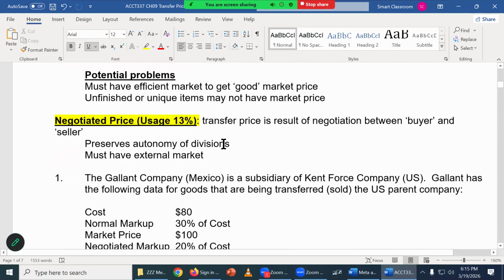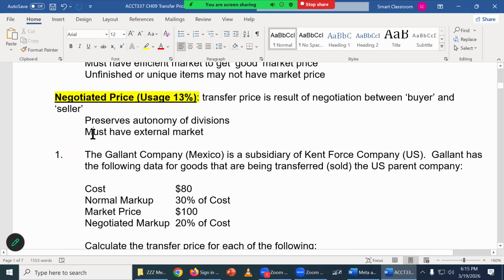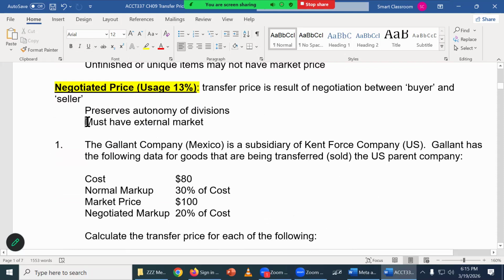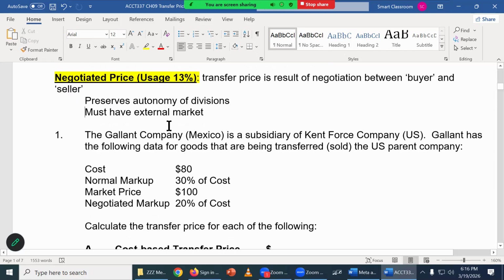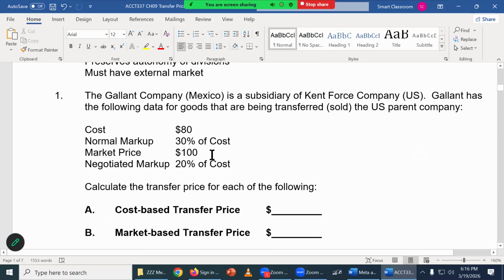Negotiated prices are probably second best after market pricing. A lot of times it could be difficult to figure out what the negotiated prices are for. Are they to make it more profitable in one country compared to another, and so on and so forth?